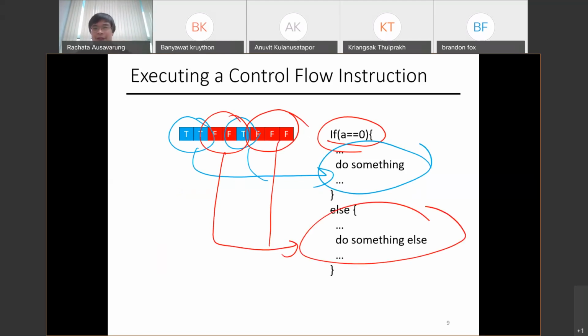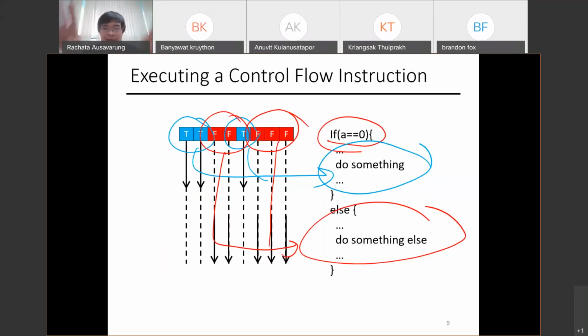So the way it works is the GPU would mask out the false part so that all the true threads execute the true portion. Then it would mask out the true part of the threads, allowing the false part to run the do-something-else part. This issue decreases how many of these ALUs are active at the same time, right?